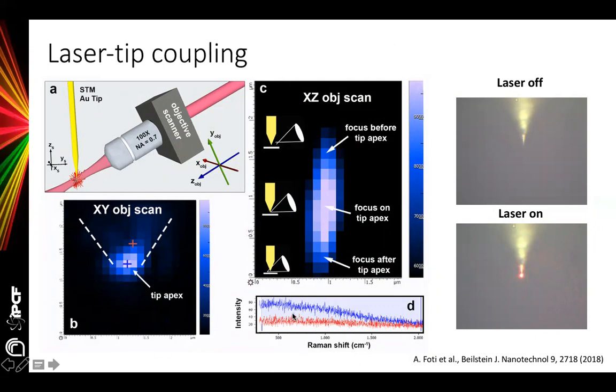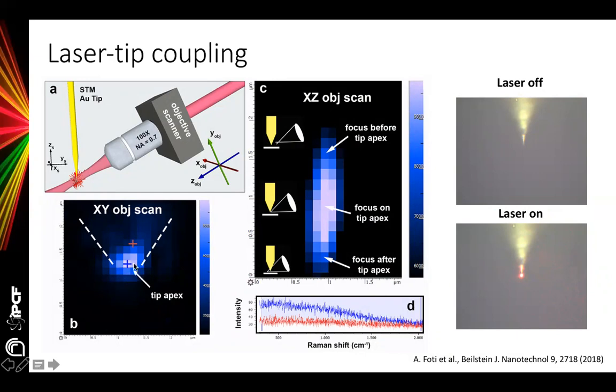So we are monitoring the intensity of the fluorescence scattered by the tip, and reconstructing the tip shape, and we can locate the tip apex in correspondence to the maximum fluorescence intensity.